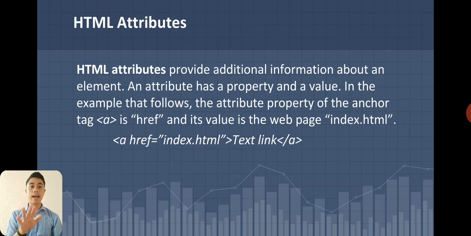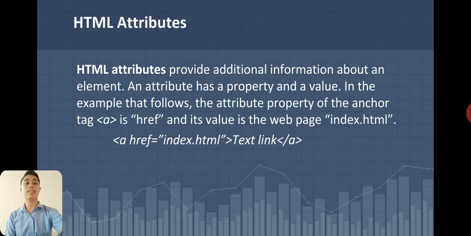So an example of that, as you can see on the screen: less than a href equals double quote index.html, then the tag text link and a close tag forward slash a.